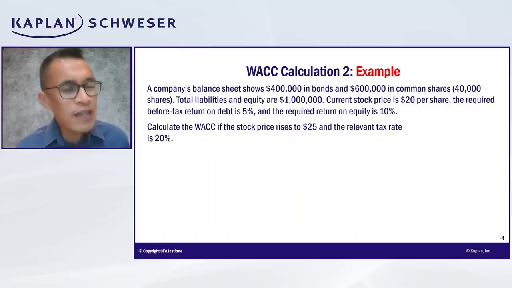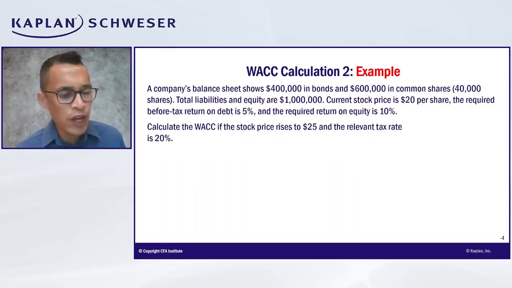Okay, because the value of the stocks now are $25, because that's what it says so in the case facts, then the equity value, of course, is now going to have a market value of $1 million. And if you add in the $400,000 of bonds, the total capital is going to be $1.4 million.